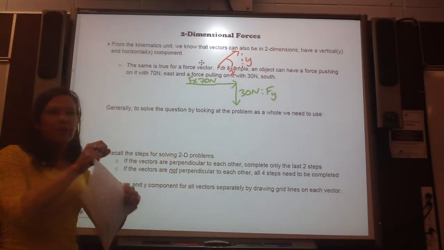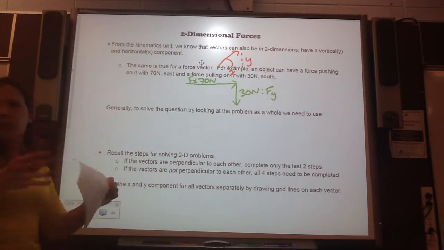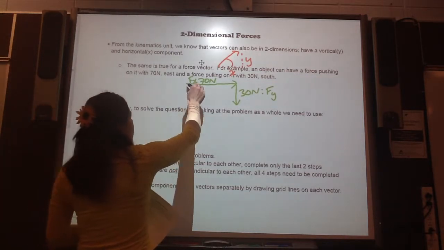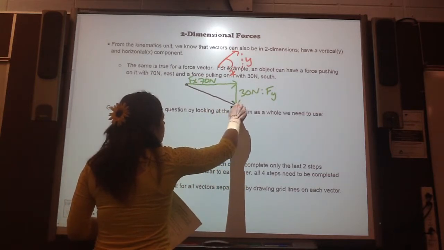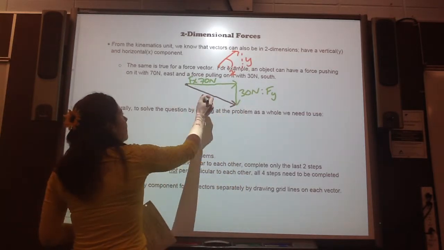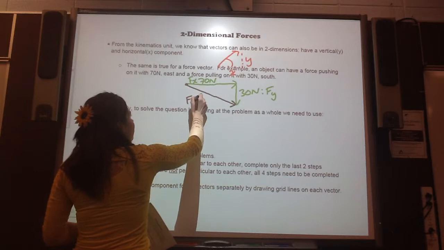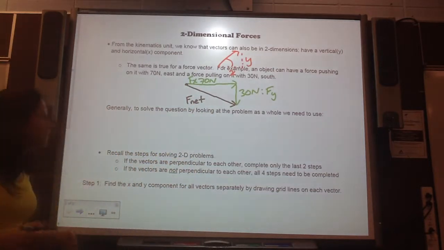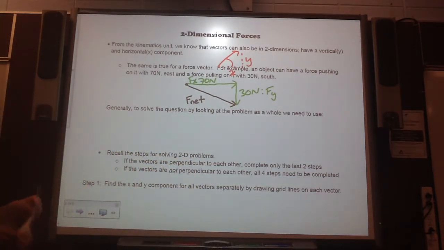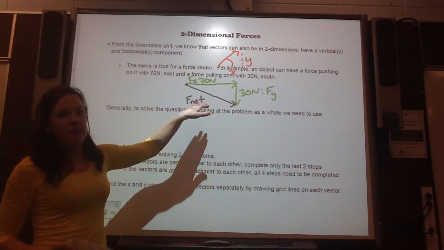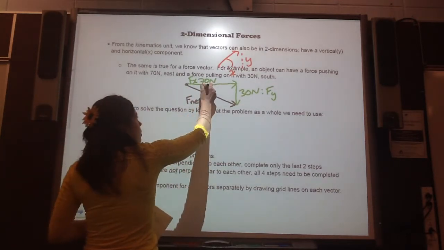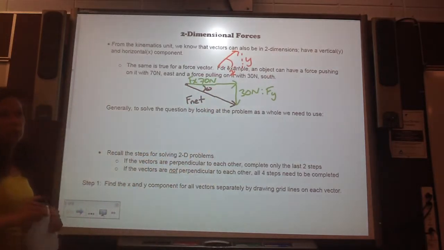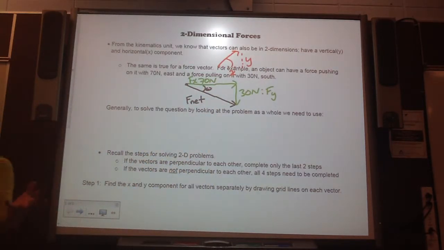But you want to get the overall picture to be able to work with the equations. So you'd go from the start to the bottom and draw your arrow. This black line would be your Fnet. You can find the magnitude of that vector, but we know force is magnitude and direction, so you would also have to find the angle there using trig. Very similar to our kinematics unit, except now we're talking about force.